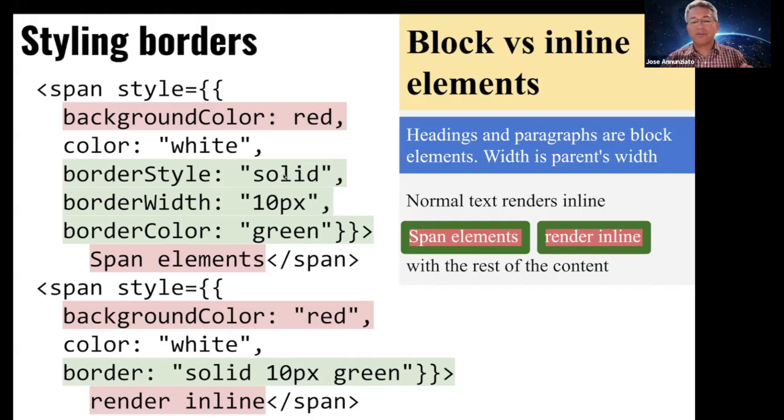We can say the style could be solid, it could be dotted, could be dashed, could be bevel. There's a whole bunch of styles we want for the border. We can also define the width of the border, how wide you want it in pixels, 2 pixels, 10 pixels, 20 pixels, very thick. And then we can define the color of the border.